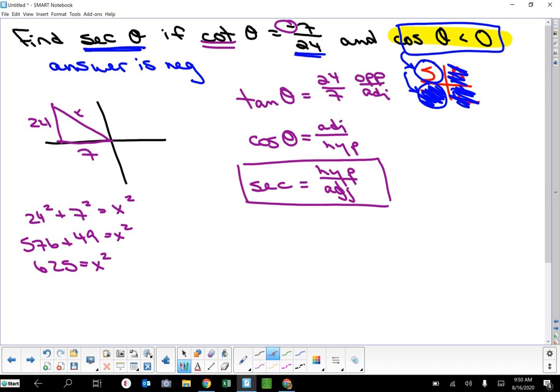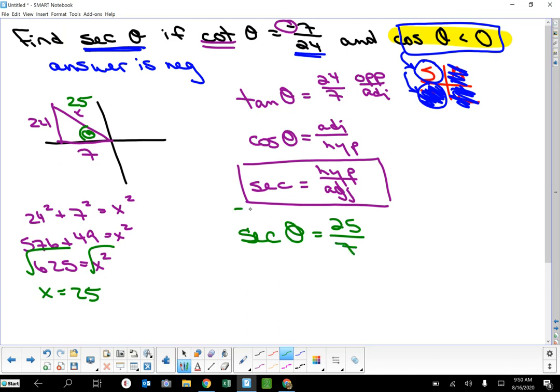And that's a perfect square, which is really nice. So when we take the root of each of those, we have x equals 25. So that's a 25 up here. And now we can fill this in. Secant of theta, hypotenuse is 25 over adjacent, remember our theta is right there, is 7. And that's how you're going to get those answers.